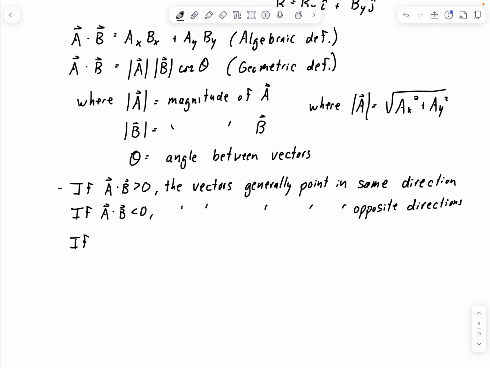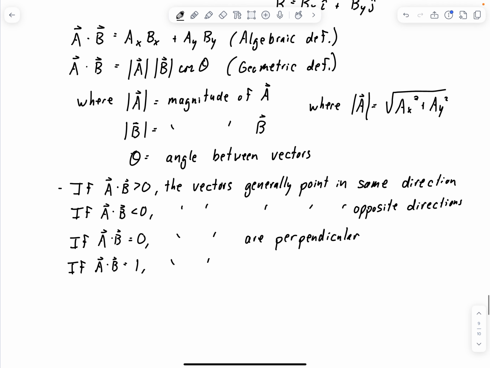Further, if A dot B is equal to 0, that means that the vectors are perpendicular. And if A dot B is exactly equal to 1, then that means that the vectors point in exactly the same direction.